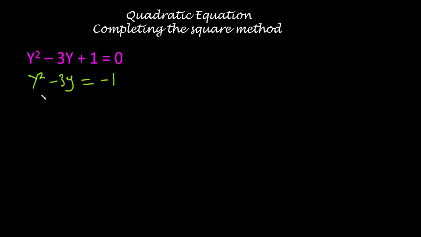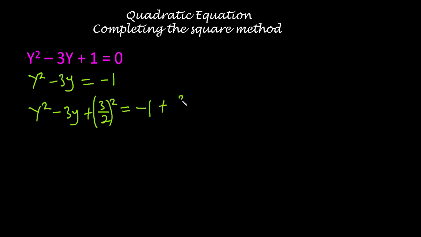So to make this a perfect square, we say y squared minus 3y. We are going to add 3 over 2, everything bracket square, and whatever we do to the left hand side we do to the right hand side.